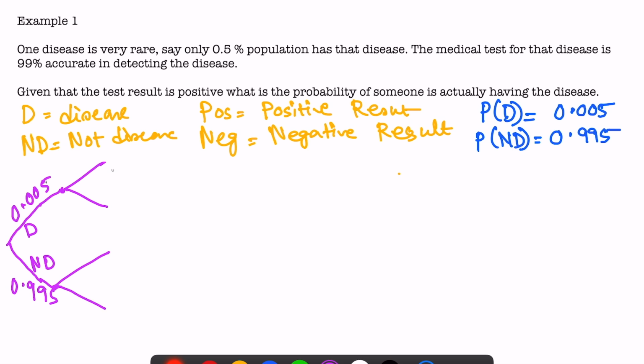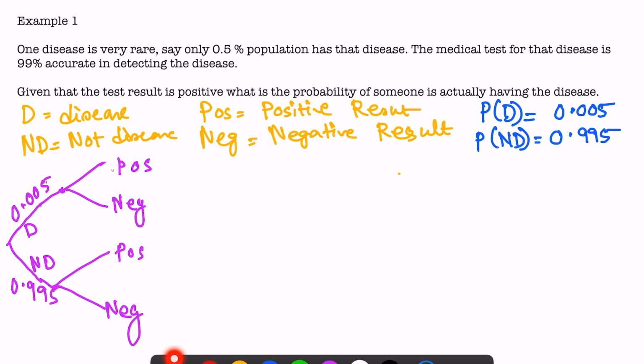If someone is having the disease, then also the result can be either positive or negative, right? If someone is not having the disease, then also the result can be positive or negative. So this is basically the true positive path, this is the false negative path, this is the false positive path, this is the true negative path, right?